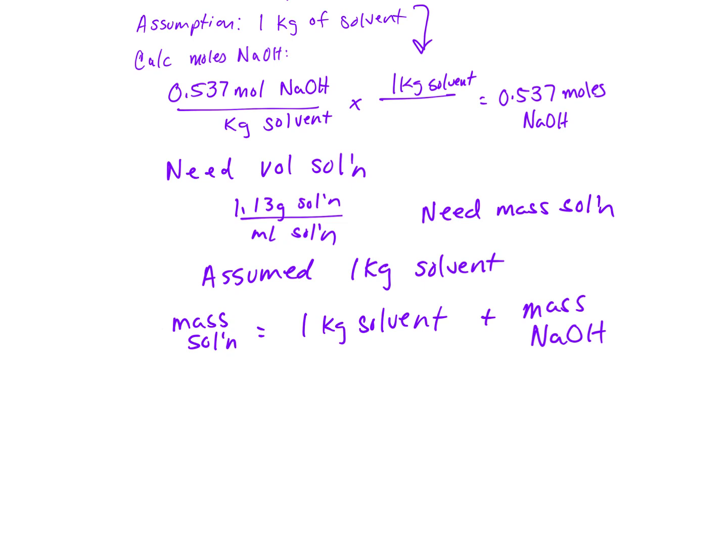So we're going to take our moles of sodium hydroxide. What are we going to use to find mass? Molar mass. So we have 0.537 moles of NaOH. We use the molar mass, which happens to be 40 grams of sodium hydroxide per mole.